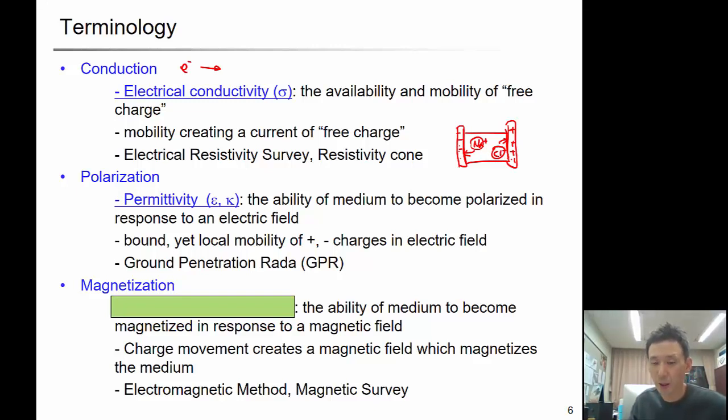This is called polarization. And since these are moving charges, it's more about conduction.